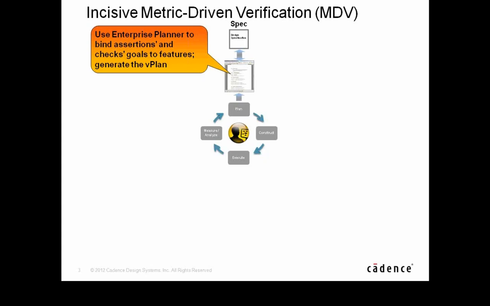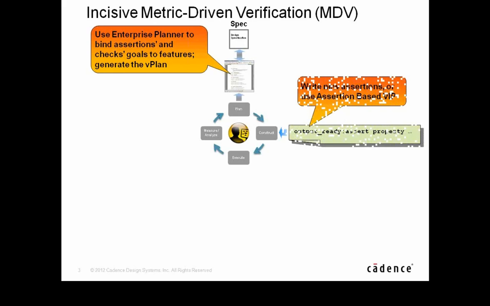You can tie your verification goals to specific goals in the verification plan, and then you move on to developing your test benches in the simulation world, linking the tests back to individual goals there.